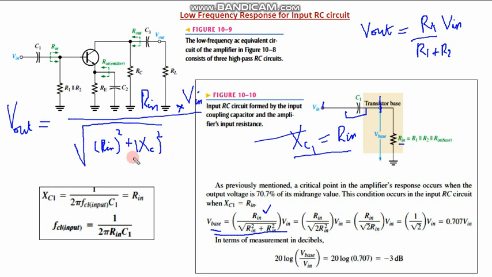Definitely, V out over here is V base, and V in over here is the input voltage.